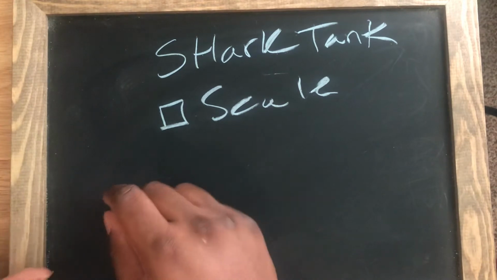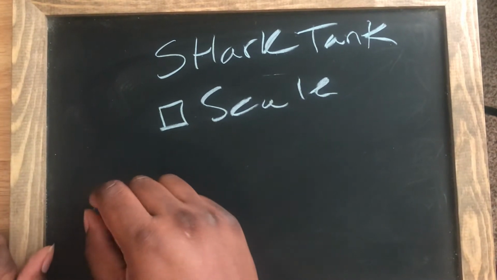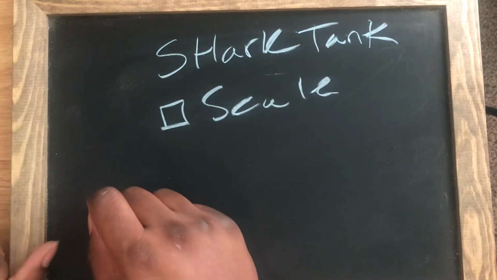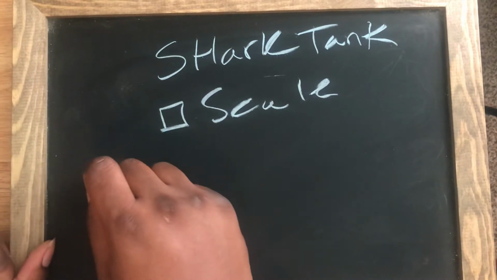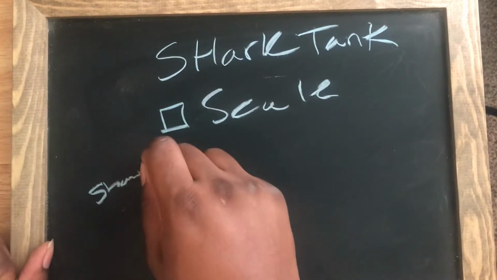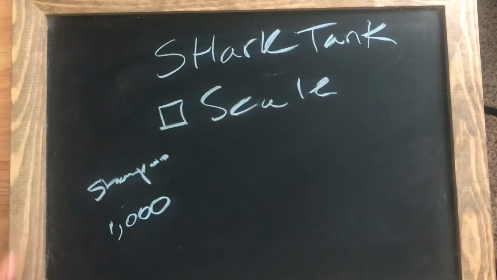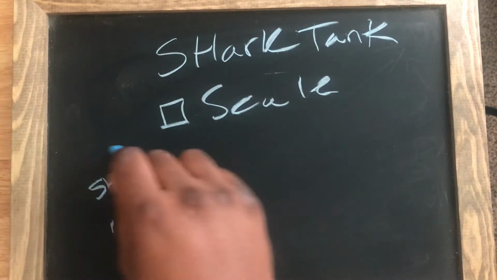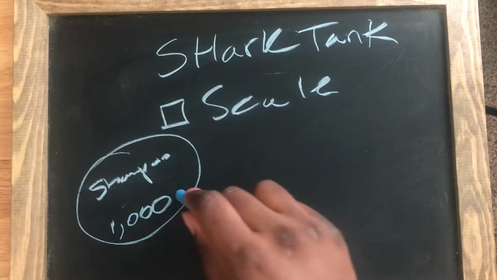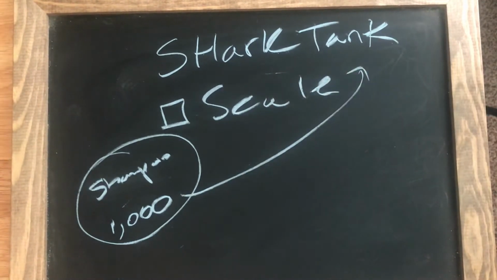That means if I have a product, let's say I'm selling shampoo bottles, and my customer base is 1,000 people, and I've got the best shampoo in the world, and I go on Shark Tank and say, you know what? I'm a great inventor, but I'm not really a businessman. I don't know how to bring this to scale.